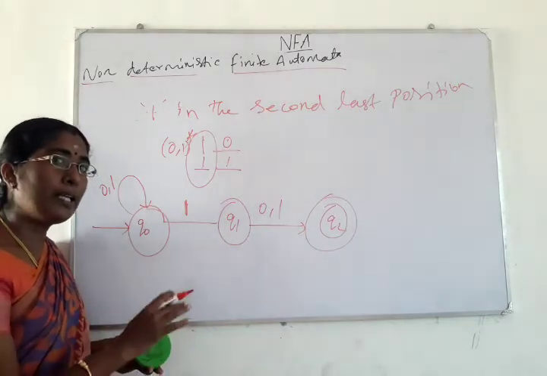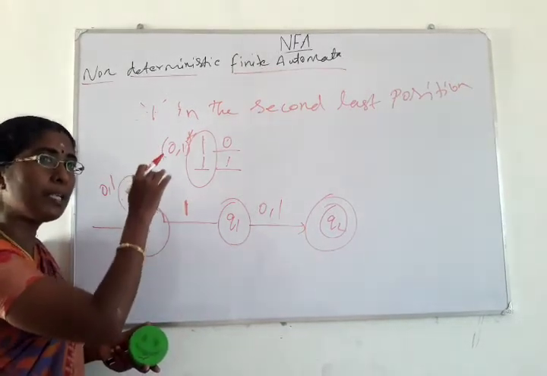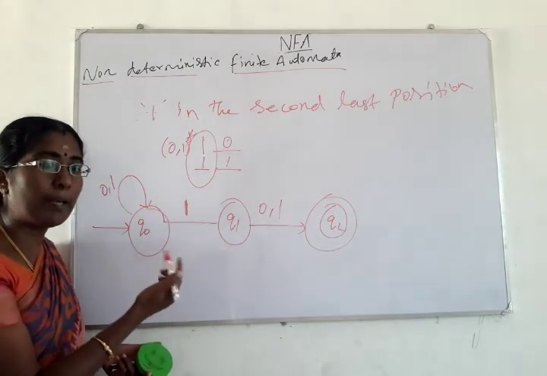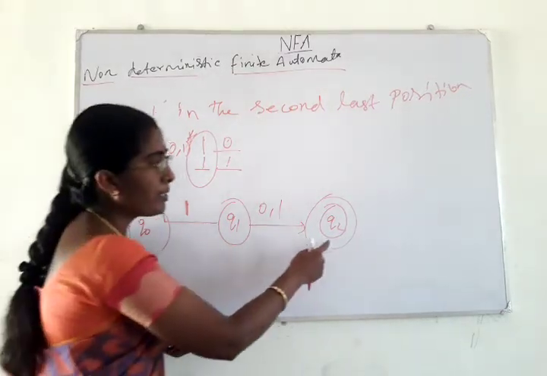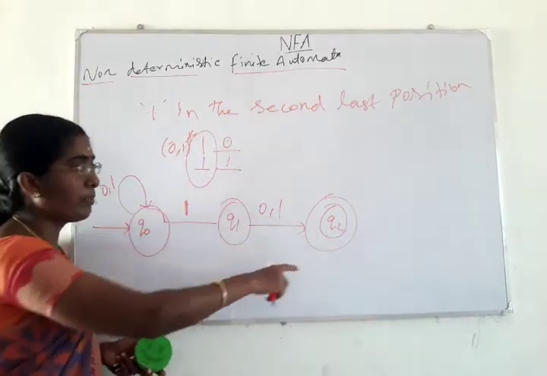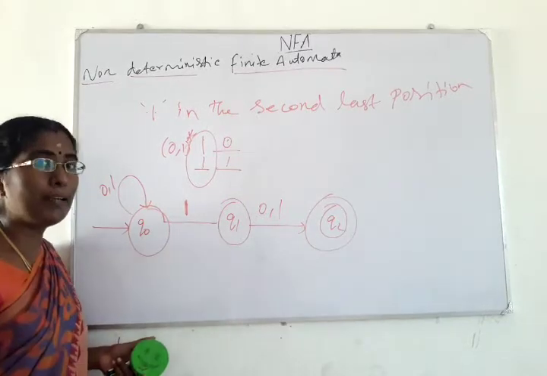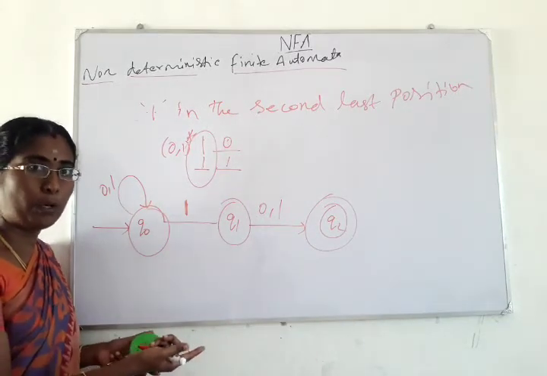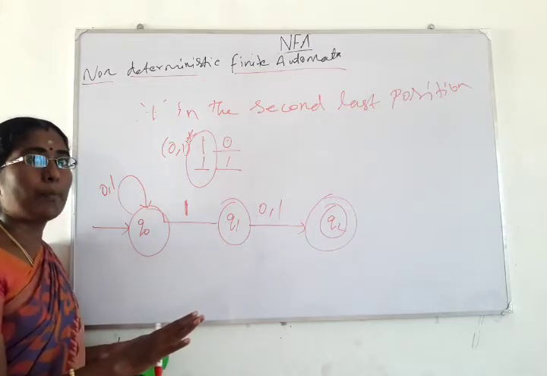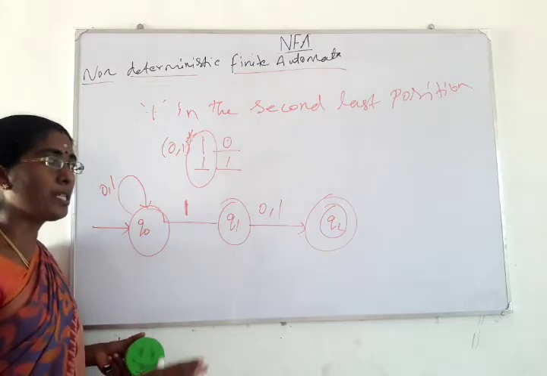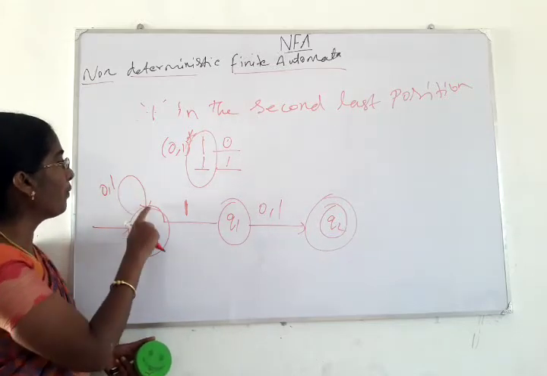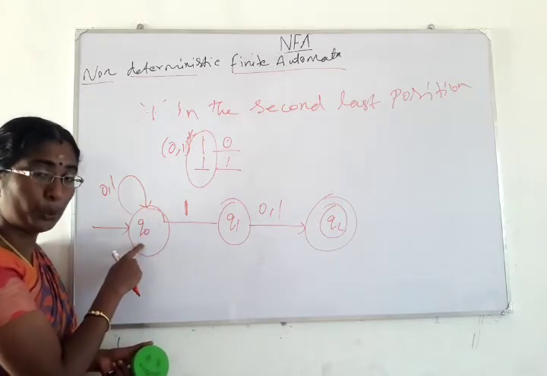If you are constructing a DFA for this same condition, next what we have to do is consider the remaining transitions. What are the remaining transitions? The transitions for the state Q2. We have to make the transitions from the state Q2 and consider what remaining transitions are left. But in an NFA, we need not consider the remaining transitions of the state Q2. But here one thing is, we are having two transitions for the symbol 1 from the state Q0.